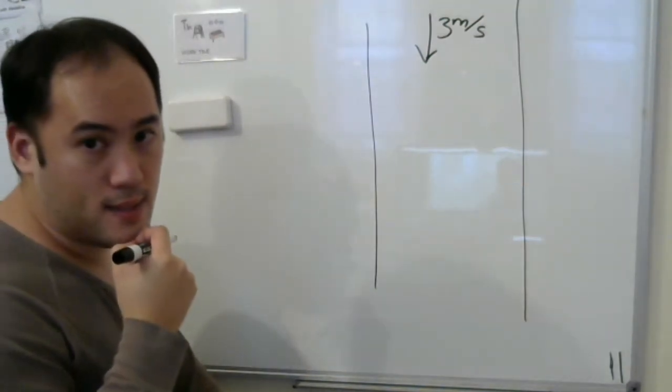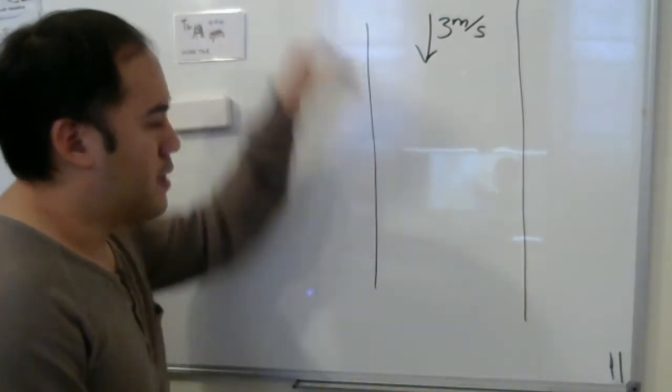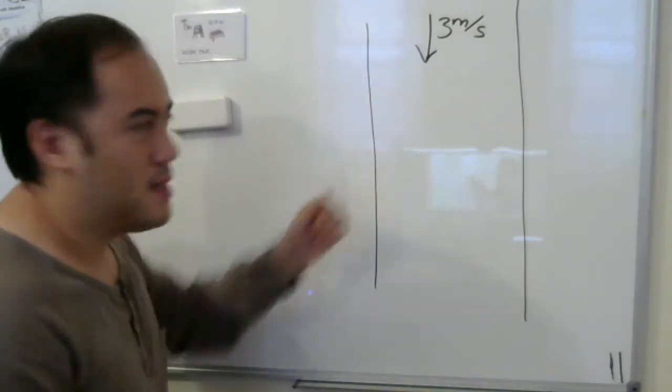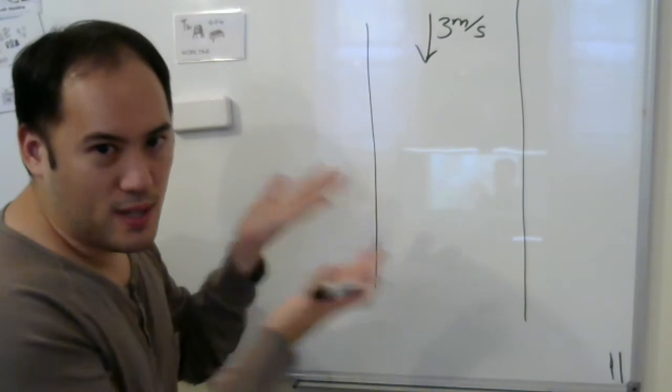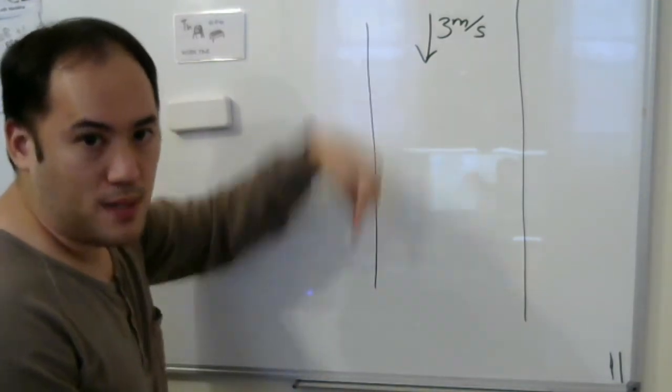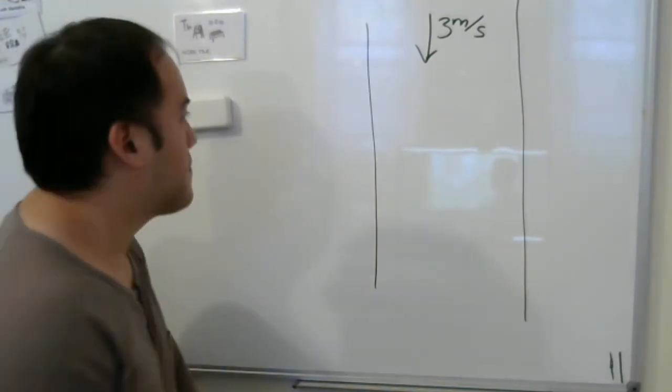Another word for the direction the river's flowing is downstream, and this is upstream. This isn't like a vertical river, like a waterfall. But when I say upstream, I mean this way. When I say downstream, I mean this way, in case you've never heard those terms before.